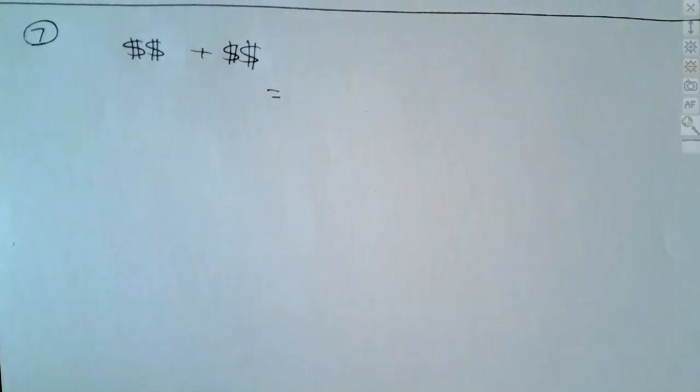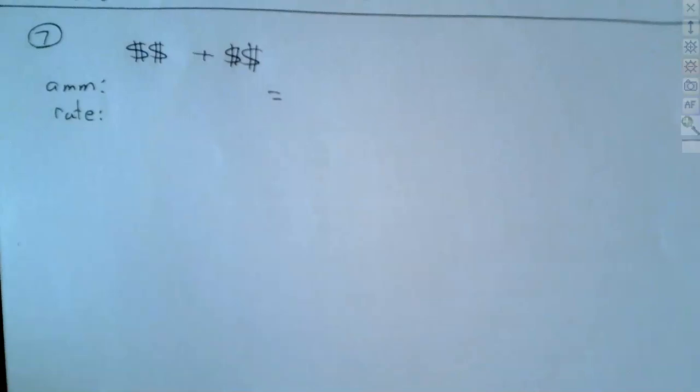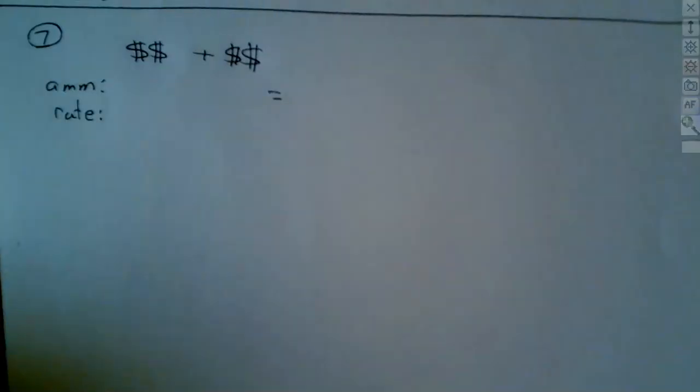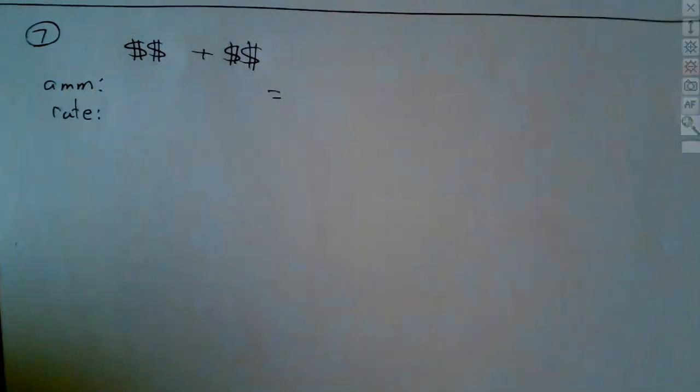This is an investment question. And so we're going to look here at dollars, and these are amounts and the percentage rate that it pays out. Kind of like the distance, where you had a rate and a time. On these, we have an amount and a percentage rate. So we've got some money at 4%.